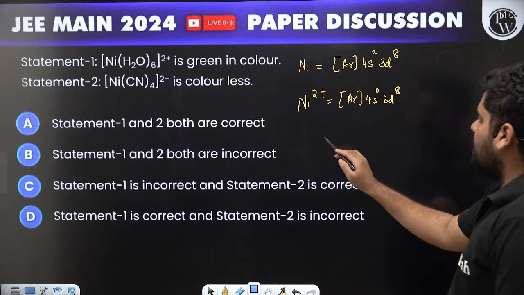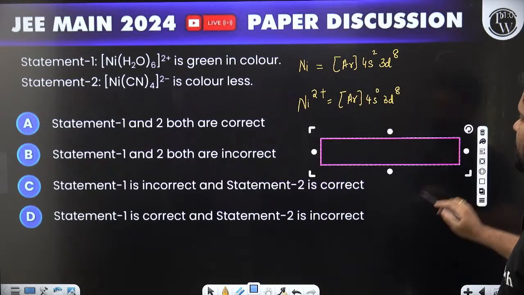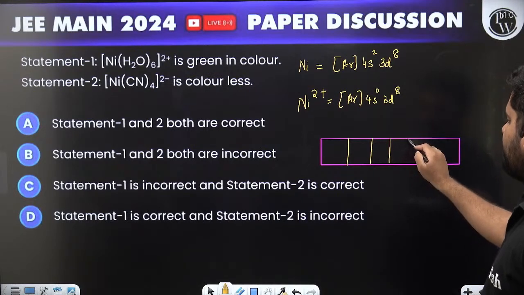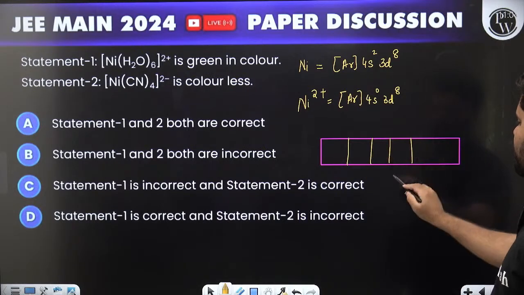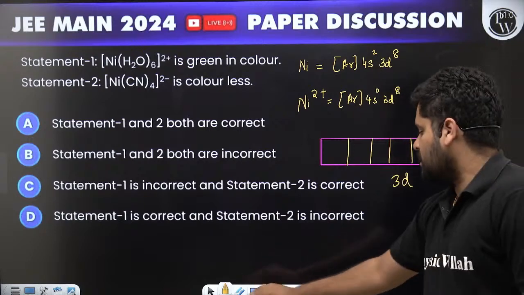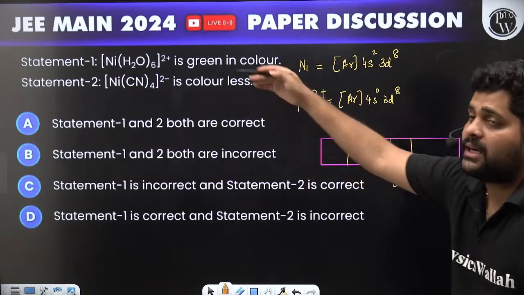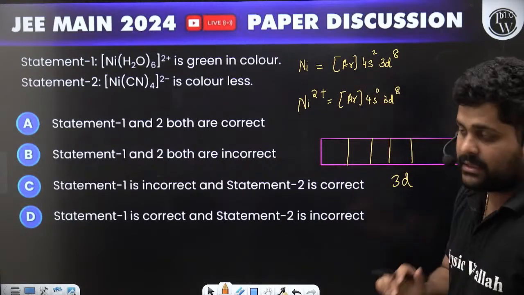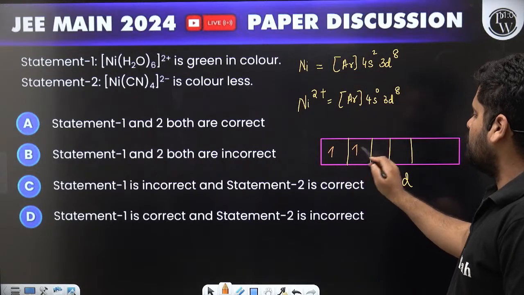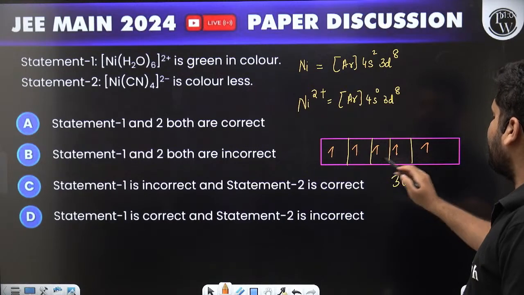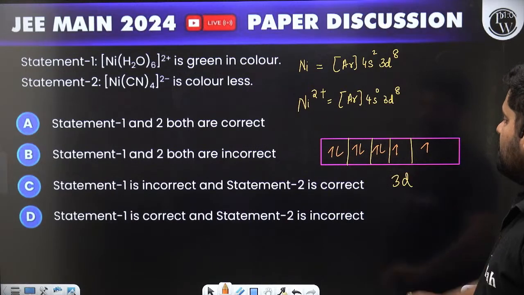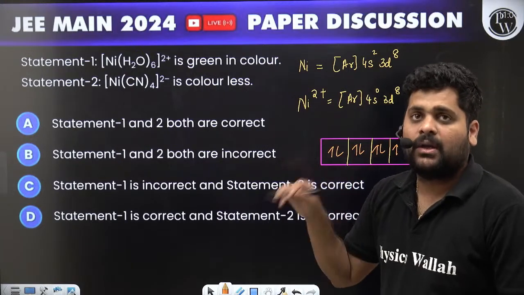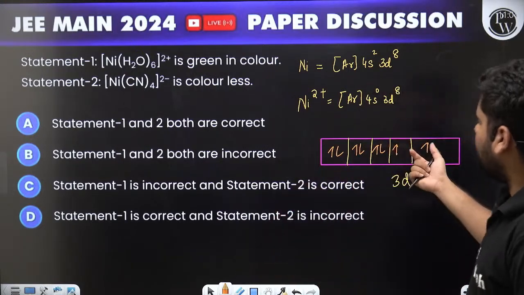Now in Ni(H2O)6 2+, we have 1, 2, 3, 4, 5 in 3d. Forced pairing does not occur in the case of water because it is not as strong as other ligands. So we have 1, 2, 3, 4, 5, 6, 7 and 8. Rather, the hybridization is going to be sp3d2, not d2sp3. So we have 2 unpaired electrons.